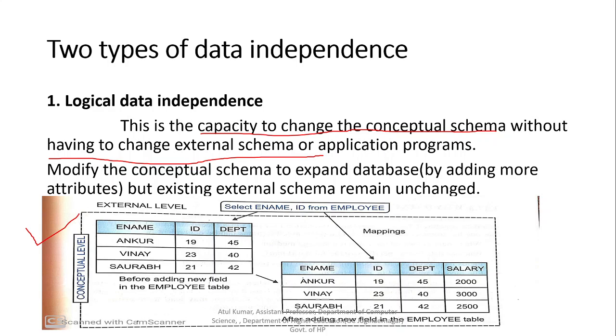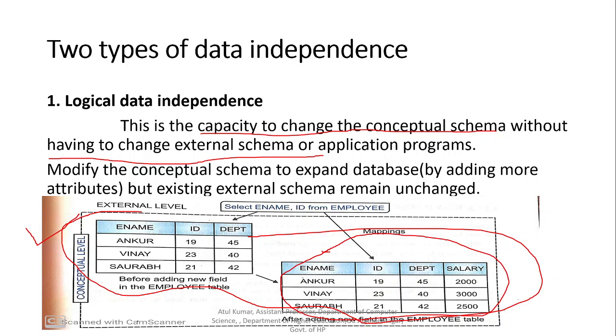In this figure, this one is the external level and this one is the conceptual level. We have just added salary in this, and it does not affect this external view.